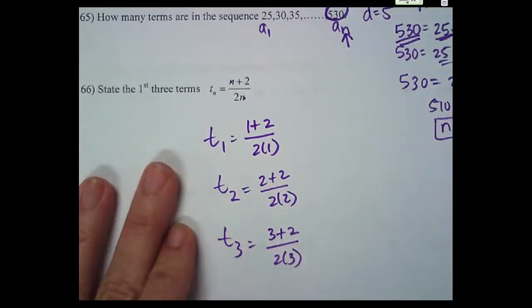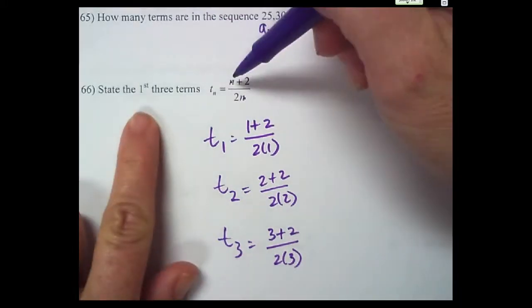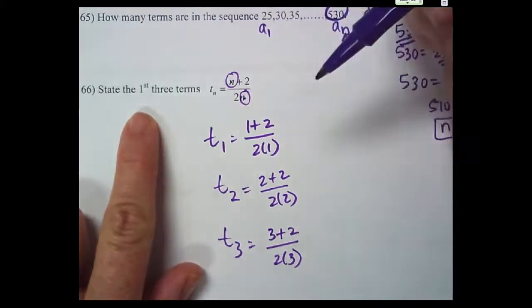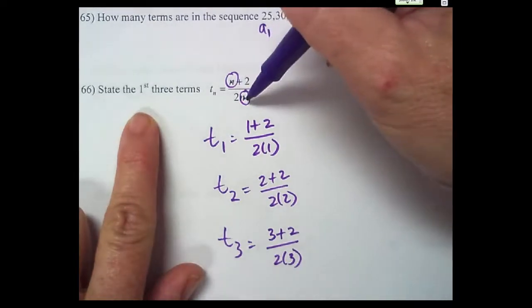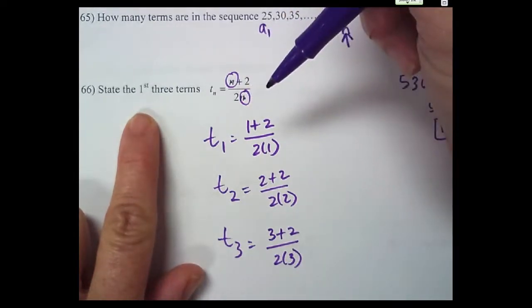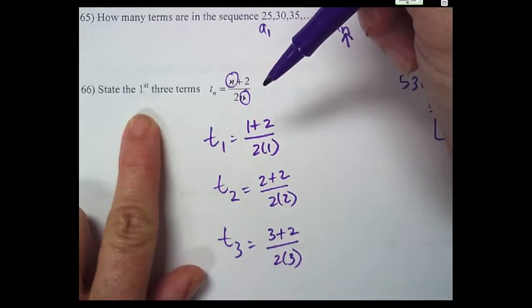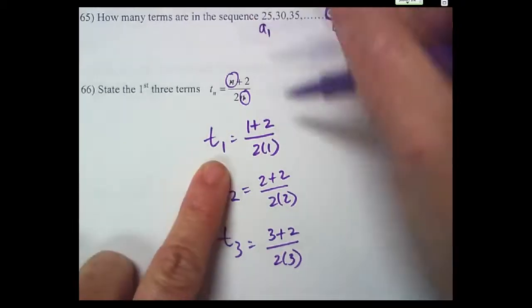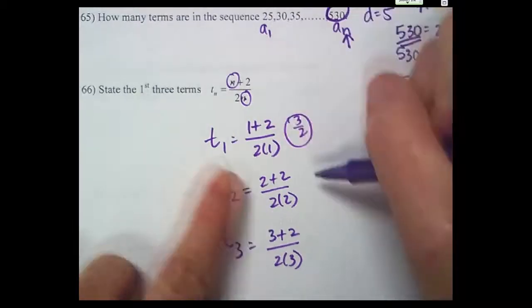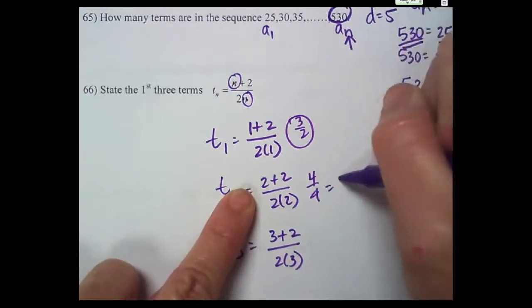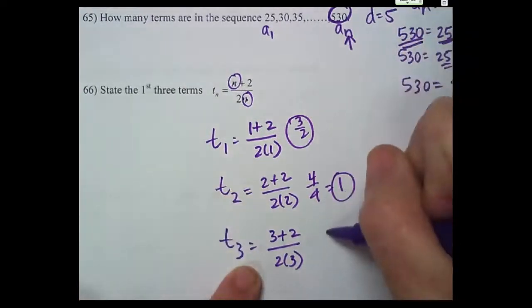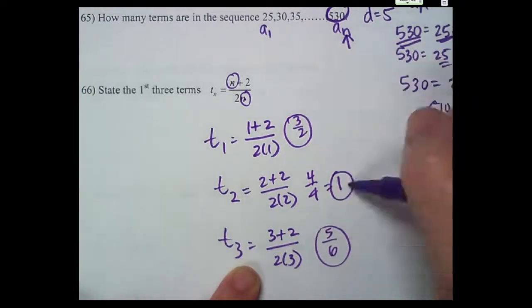Does that make sense? So to find the first term, I plugged in 1 here and here. To find the second term, I plugged in 2 in those two spots, and so forth. Does that make sense? Okay, so this would be 3 over 2, 4 over 4, which is 1, and this would be 5 over 6. So 3 halves, 1, and 5/6.